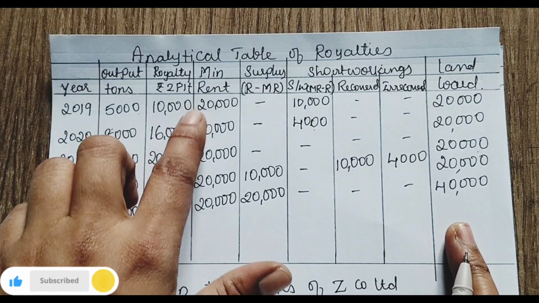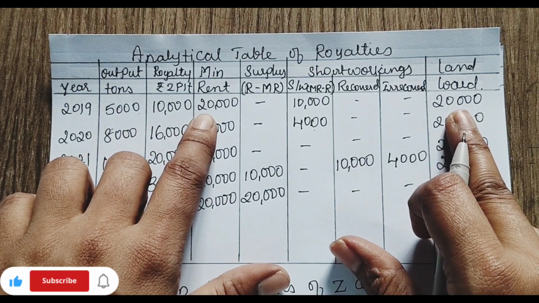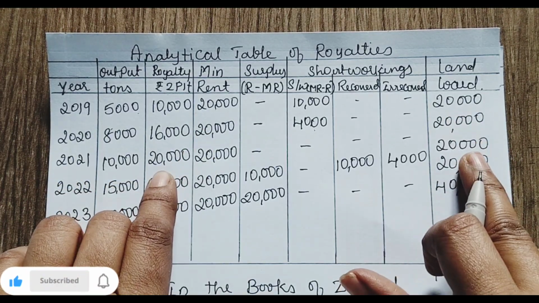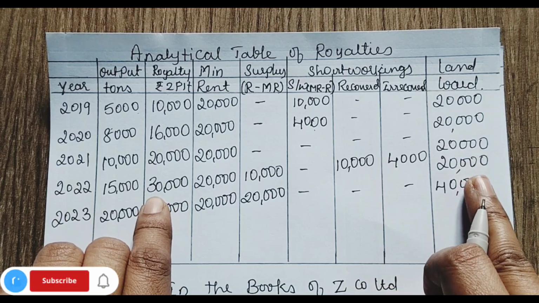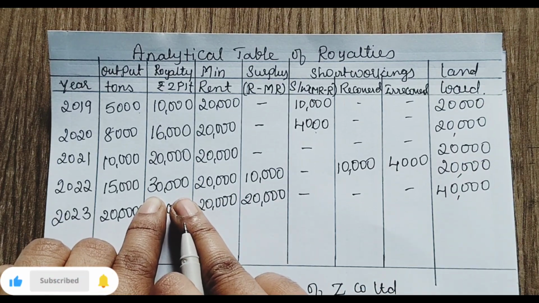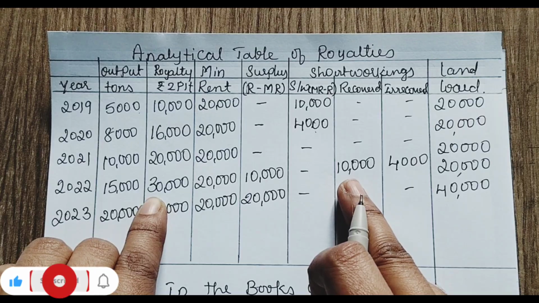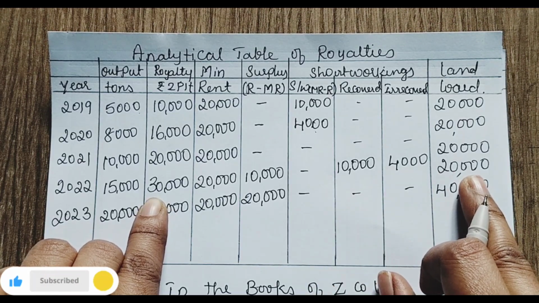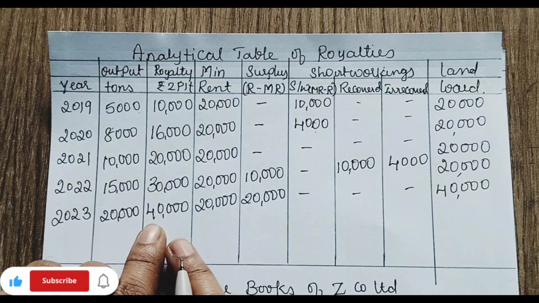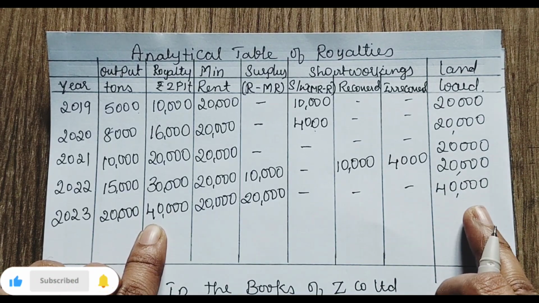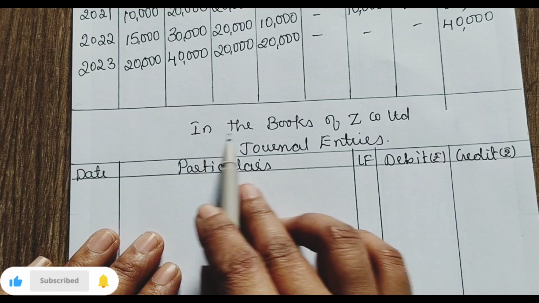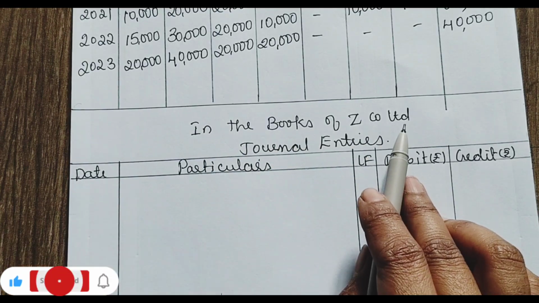Analytical table understood? In the fourth year, royalty is more than the minimum rent, but you have recovered 10,000 out of it, so the remaining balance of 20,000 you have paid to the landlord. And in the fifth year you have paid the same royalty amount to the landlord. Is it clear? Yes.